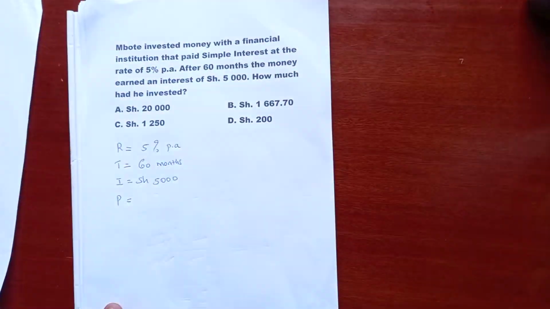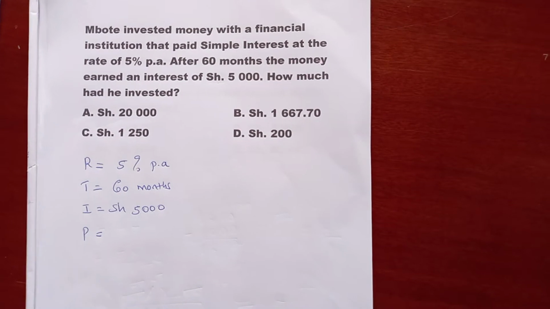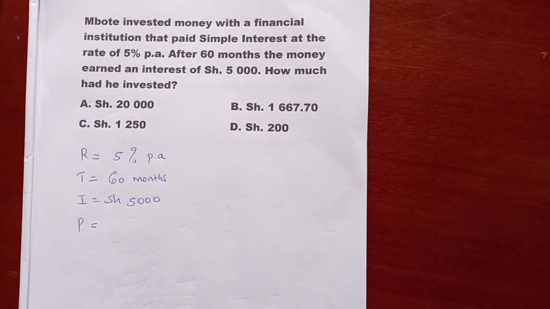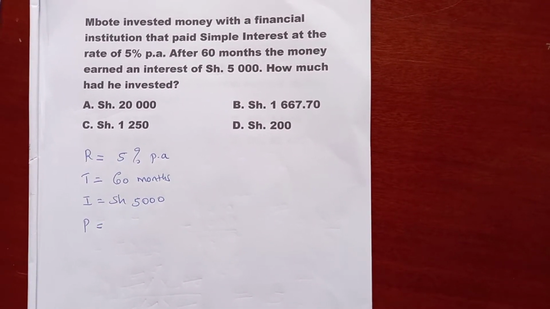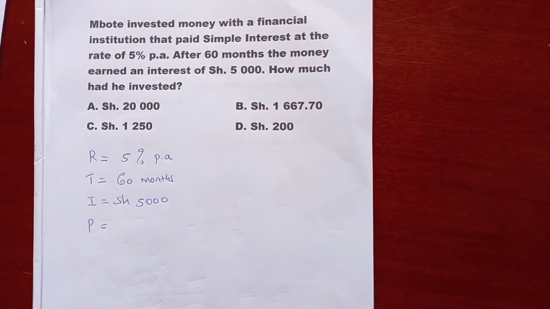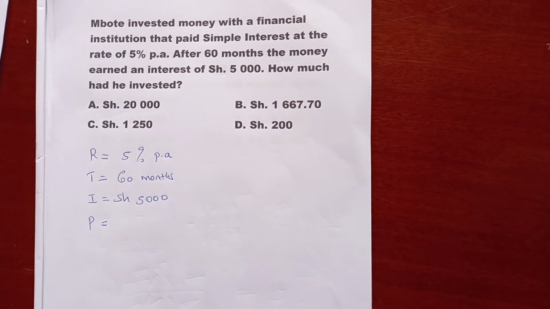Our next question. Butter invested money with a financial institution that paid simple interest at the rate of 5% per annum. After 60 months, the money earned an interest of shillings 5,000. How much had he invested?